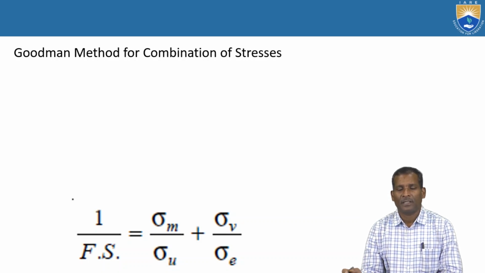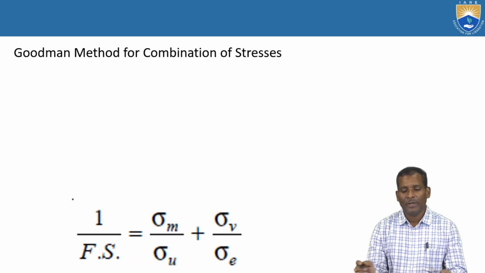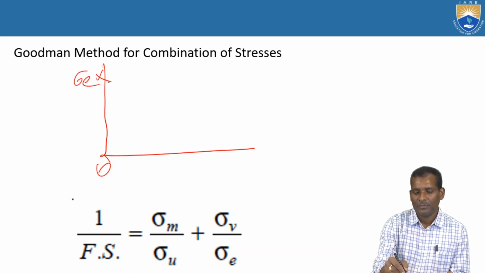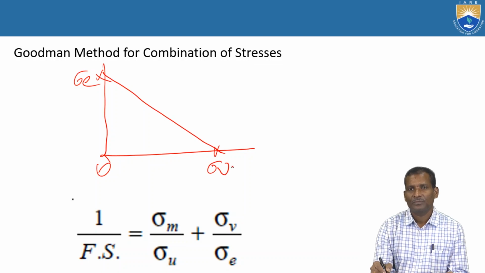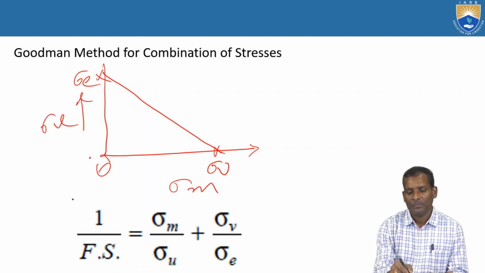Goodman method is the second one for combination of stresses. Goodman is a straight line drawn from sigma E to sigma U, with sigma mean here and sigma variable.